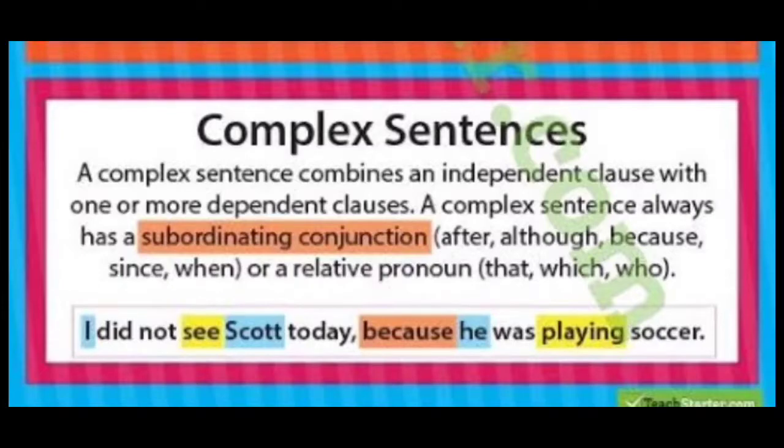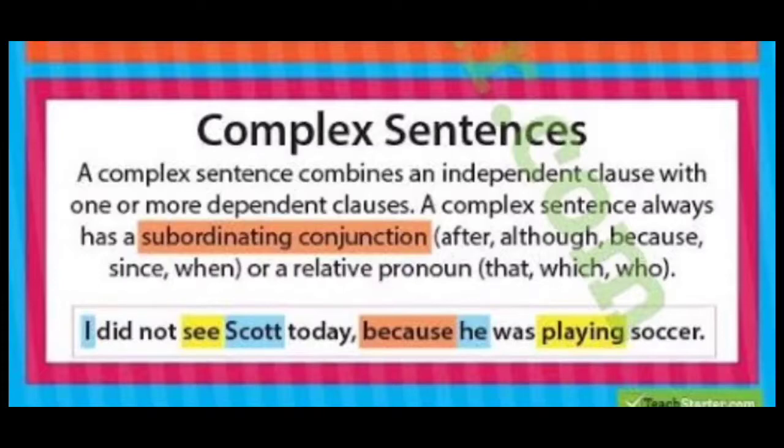So, be clear, children, a complex sentence contains at least one independent clause with one or more dependent clauses, joined by subordinating conjunctions like after, although, because, since, when, or by relative pronouns like that, which, who.